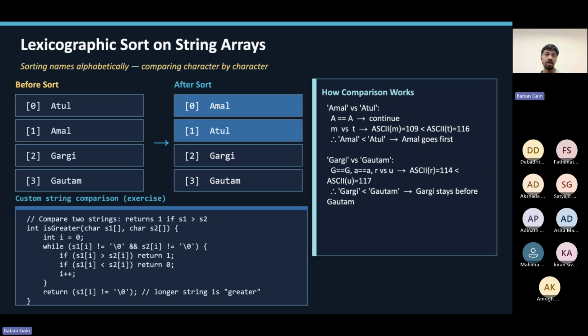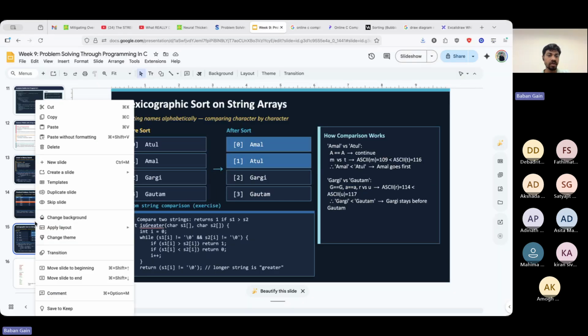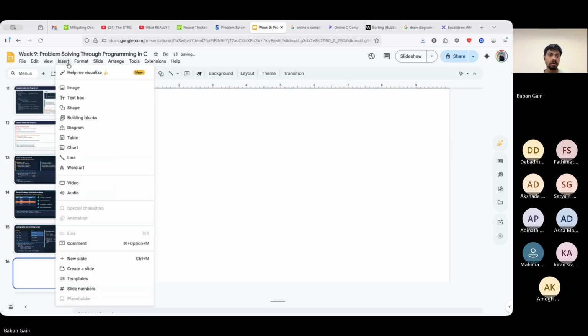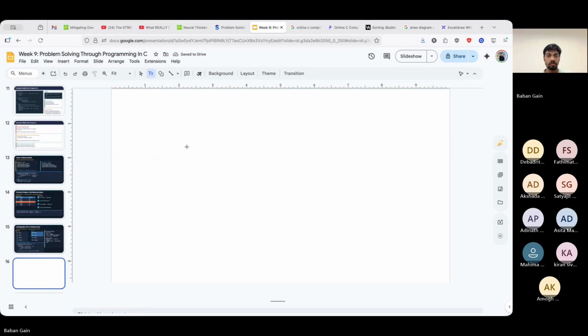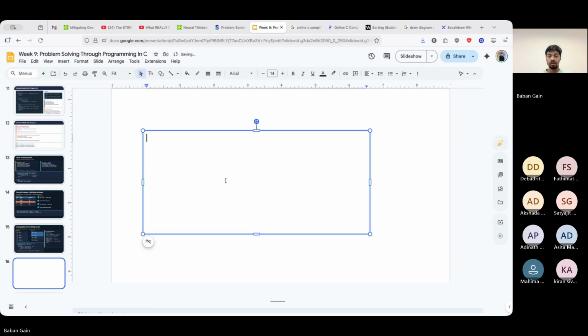So this is what we call lexicographical arrangement. And one more thing: let's say we have an array like this with two elements. Let's say one is Amit and second is Amitabh. Here you can see there are only four letters, and here also the first four letters are the same.